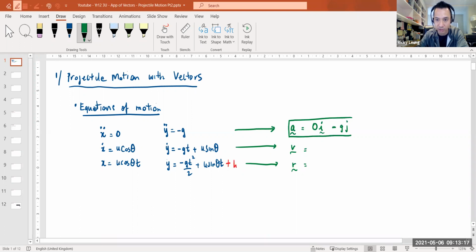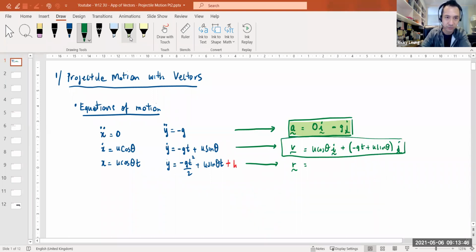It's actually quite neat that they combine both horizontal and vertical into the same formula. So for velocity, you have u cos theta i, and then plus, in brackets, minus g t plus u sine theta j. Not too different.